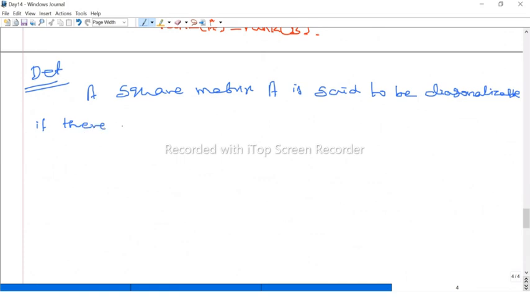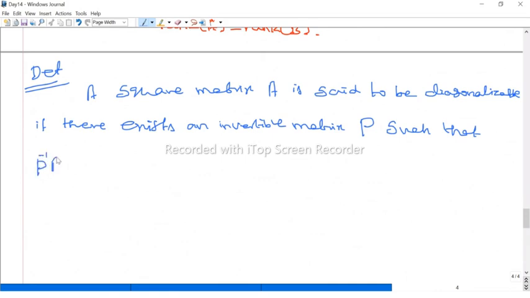there exists an invertible matrix P such that P inverse AP is a diagonal matrix.